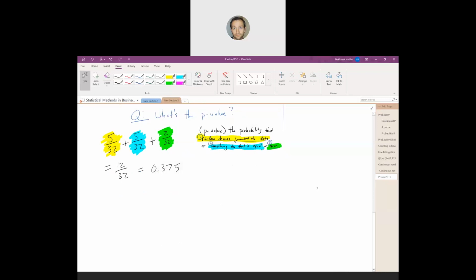And I guess I'll say generally in science or medicine, a p-value less than 0.5 is considered statistically significant.